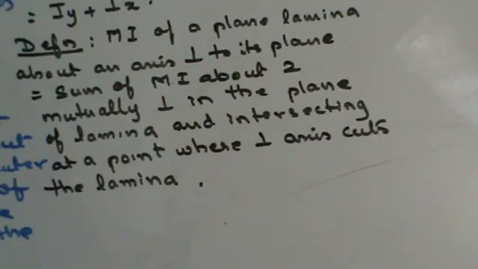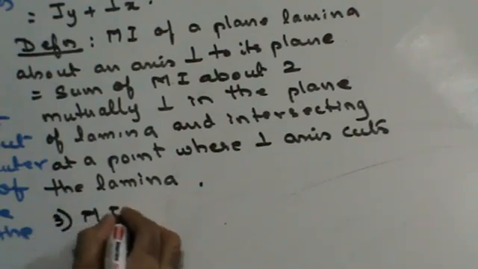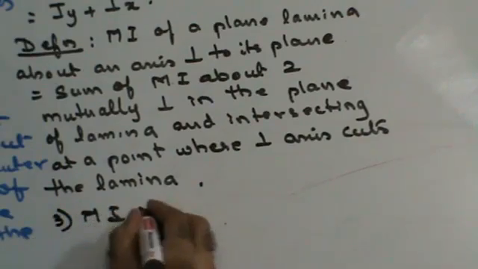Now that we know what is moment of inertia, let's try to find out moment of inertia of different bodies. First, let's try to find out moment of inertia of a thin uniform rod.